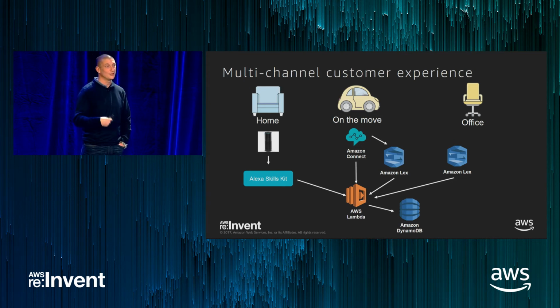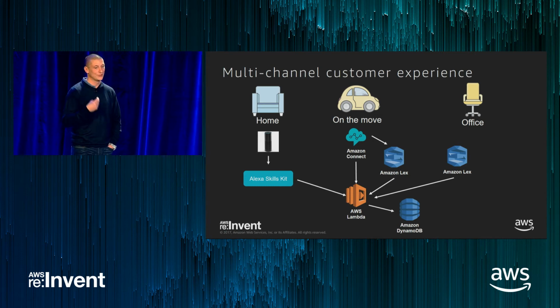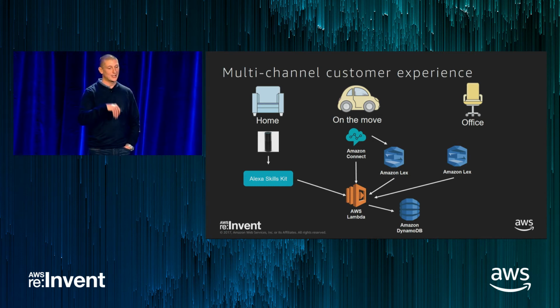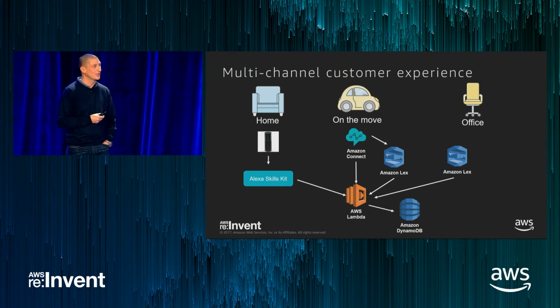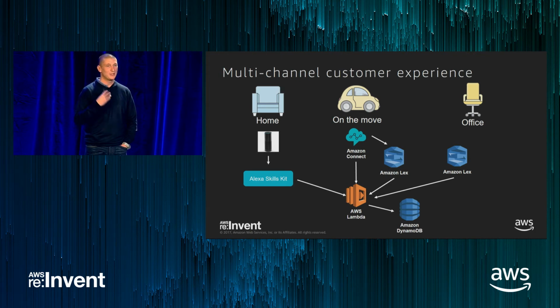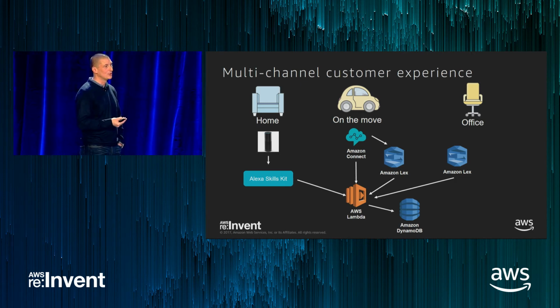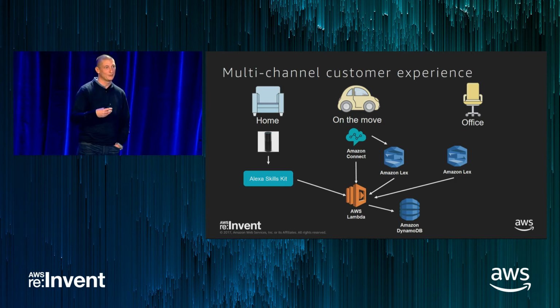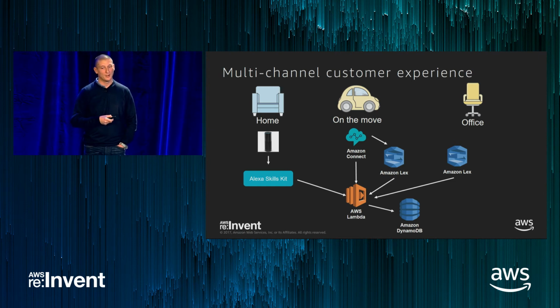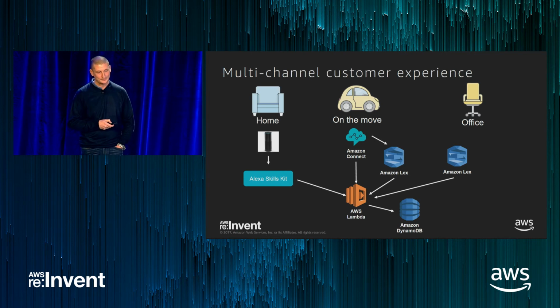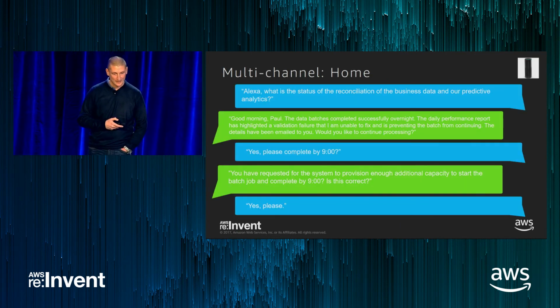Then you could dial in and check the status of that on the move using Connect, using Lex, and validating the state using that same Lambda function. And maybe you'd have a different interaction in your office. Maybe that would be a text interaction rather than voice. Or maybe it would be text input and you would receive voice, depending on the environment that you're working in. How would you build these things and put them together?